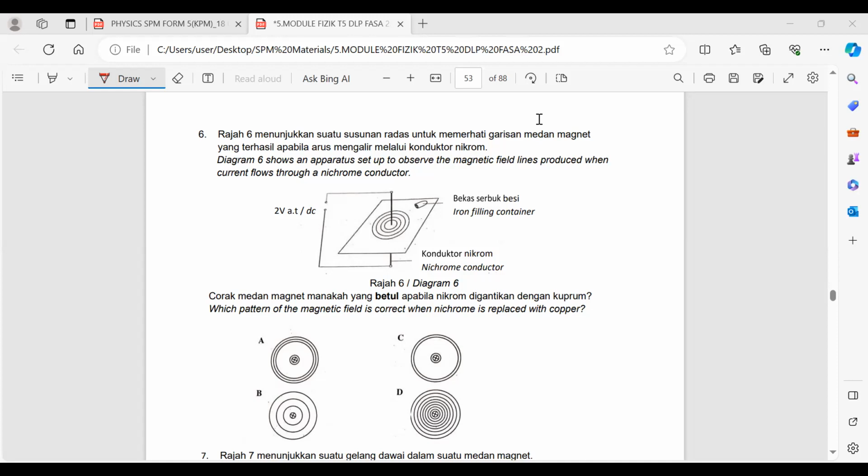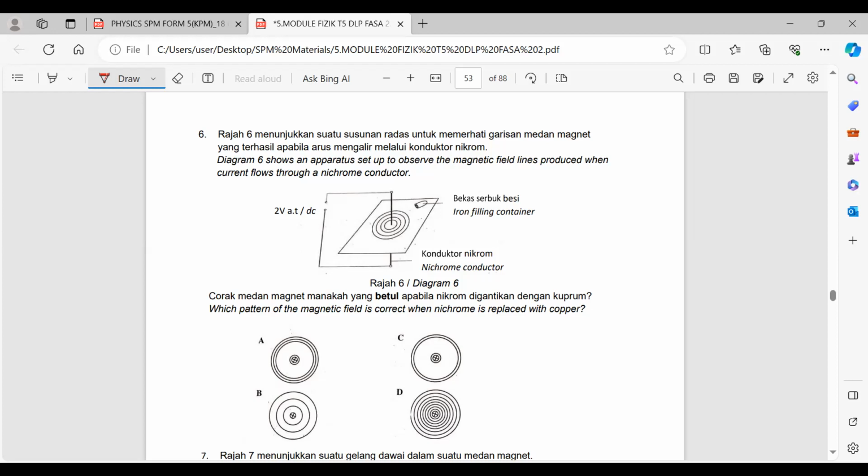So A is out because it looks like there's a large gap, and the gap has to be increasing. C also no, because I can see there's a large gap, then suddenly it becomes close. That is already very far, so the magnetic field should be weaker.